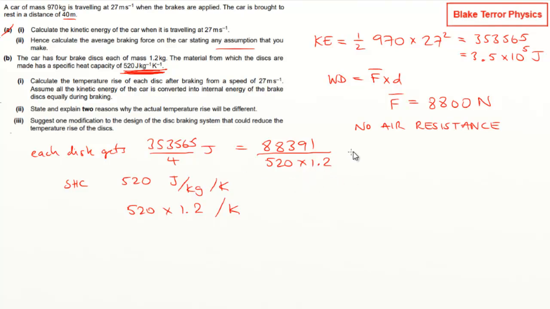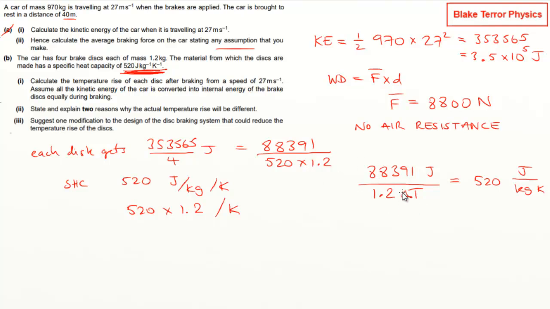So another way of putting that, if you're doing a unit analysis, you put the specific heat capacity on one side, joules, kilograms, Kelvin. On the other side, we just need to match these things up. So we've got the 88391, which is in joules, so we need to divide by the kilograms and the temperature difference. You put all of those together and everything comes out all right.